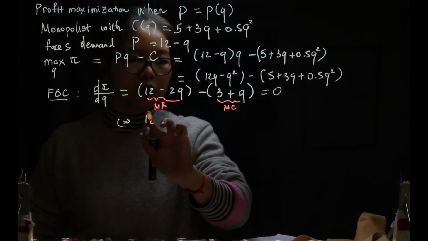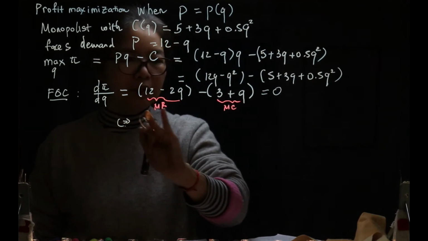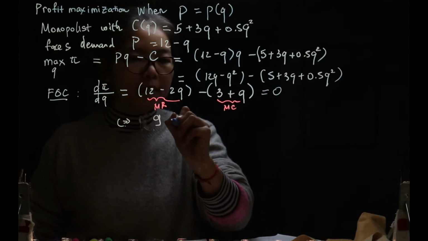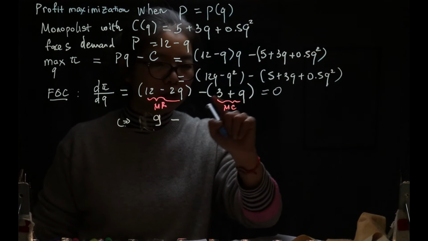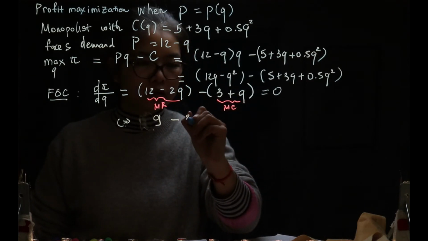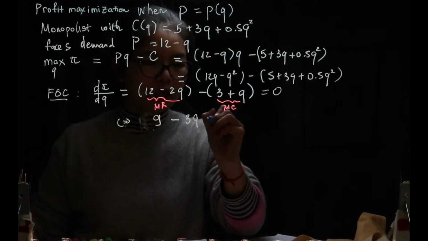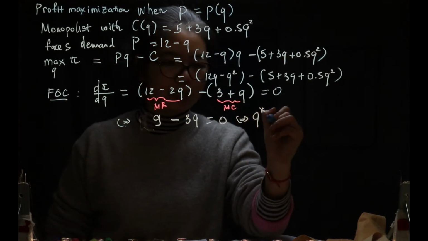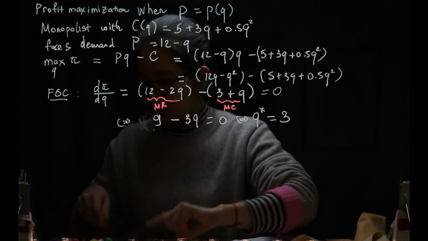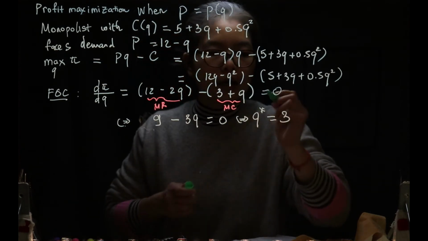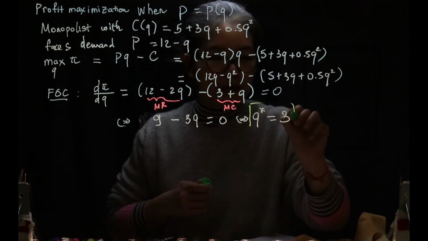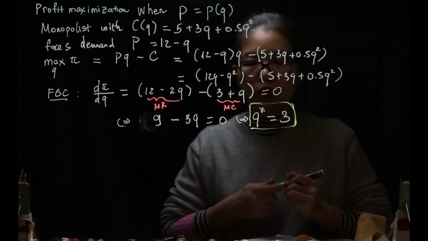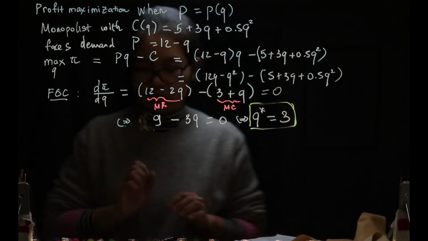So 12 minus 3 is 9, and then minus 2q, minus q, so that is minus 3q equal 0. And then we have q star equal 3. So this is the quantity that the monopolist should produce in order to maximize the profit.